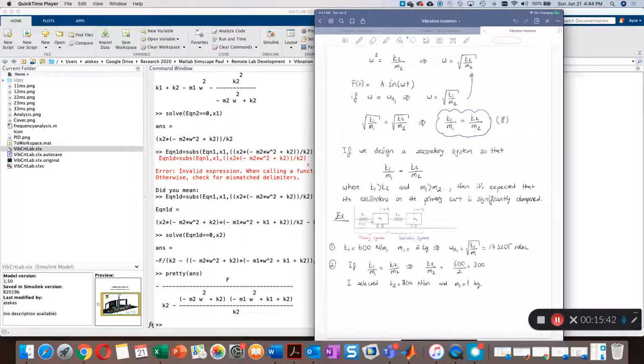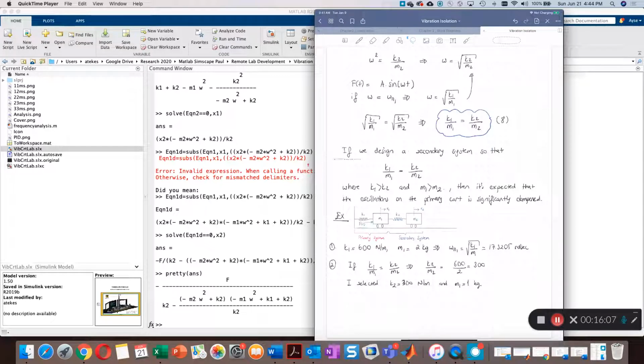So omega will be equal to square root of k1 over m1. And then remember, omega will also be equal to square root of k2 over m2. If you make these two equal to each other, this gives you a ratio, so that k1 over m1 will be equal to k2 over m2. But there's a limitation.